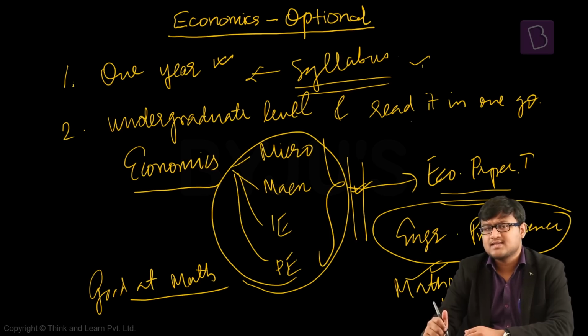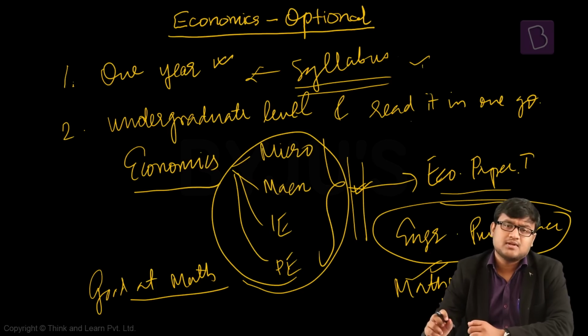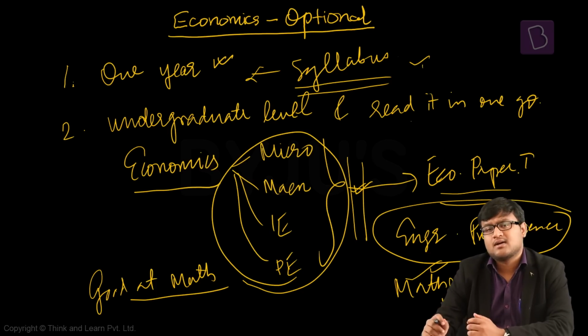For example, engineers take sociology or political science only because many other people are taking it and it is a common belief that you can cover it. An engineering subject you cannot. But believe me, if you love mathematics, if you love engineering, you can cover the mathematics as well as physics and you can also write very good answers and get good scores as well.